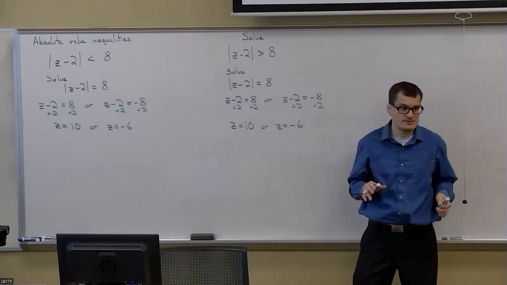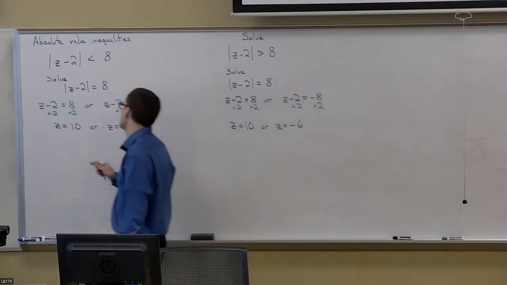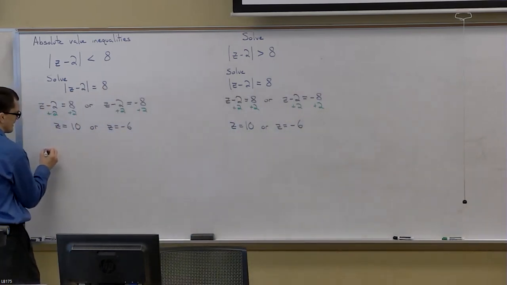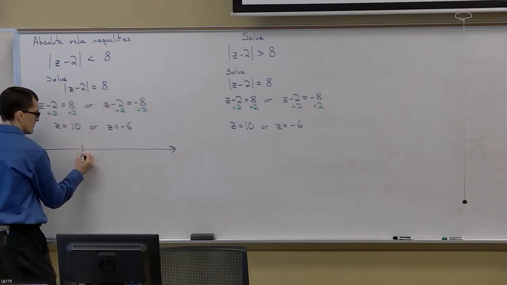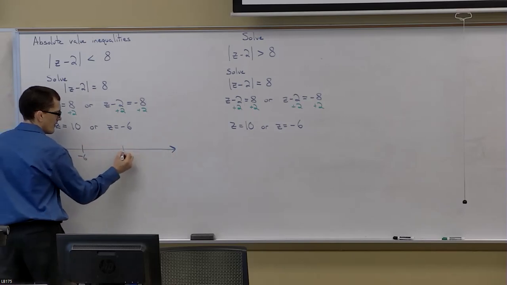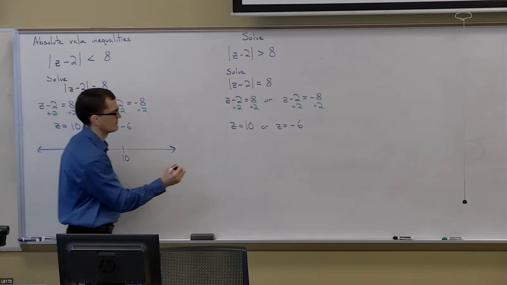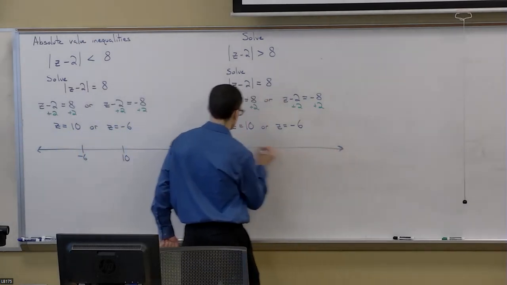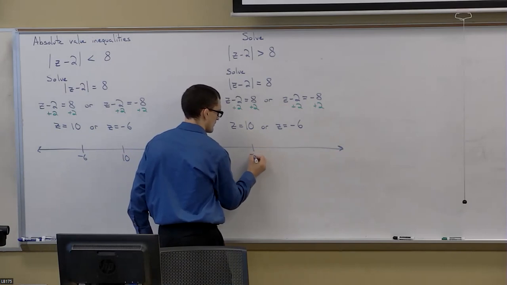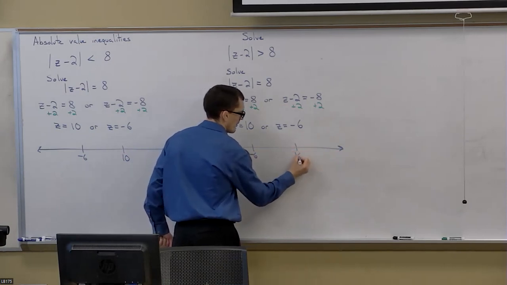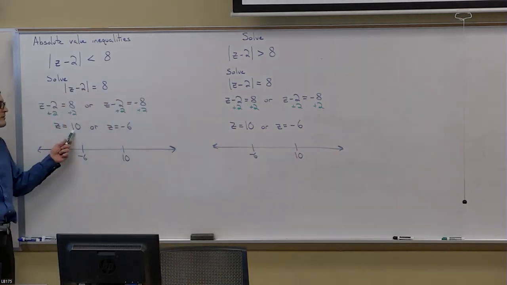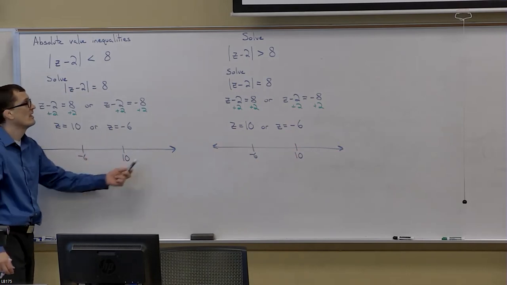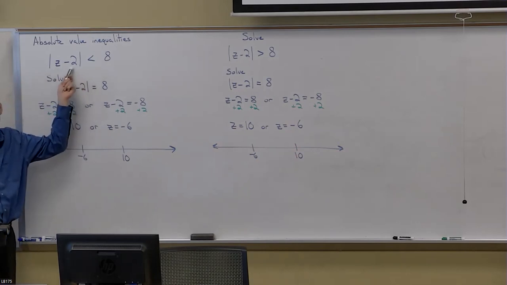Here's what I like to do. Z equals 10 and z equals negative 6. I think about them on a number line. These are the cutoff values for sections of the number line that would work in my original equation.